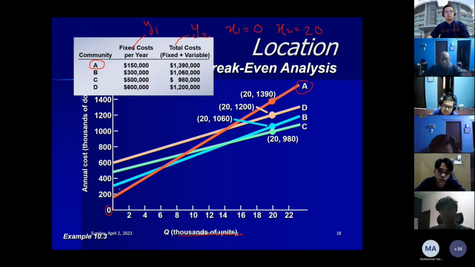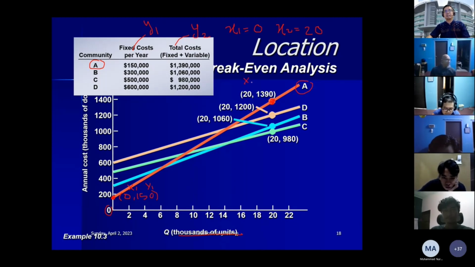150,000 dollars. So which one is 150,000 dollars? The point will be here. So we can bracket here: 0, 150. That is x1, y1 first. Please remember x1, y1. Another point we have to plot here is x2, y2.